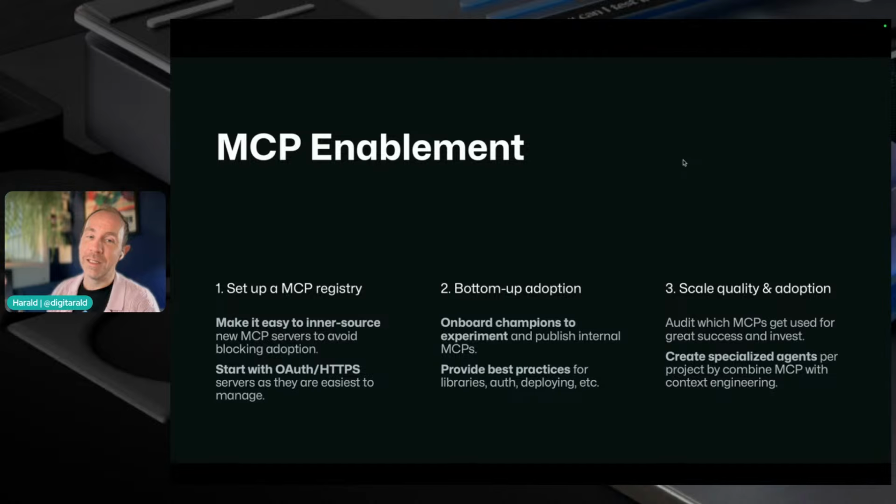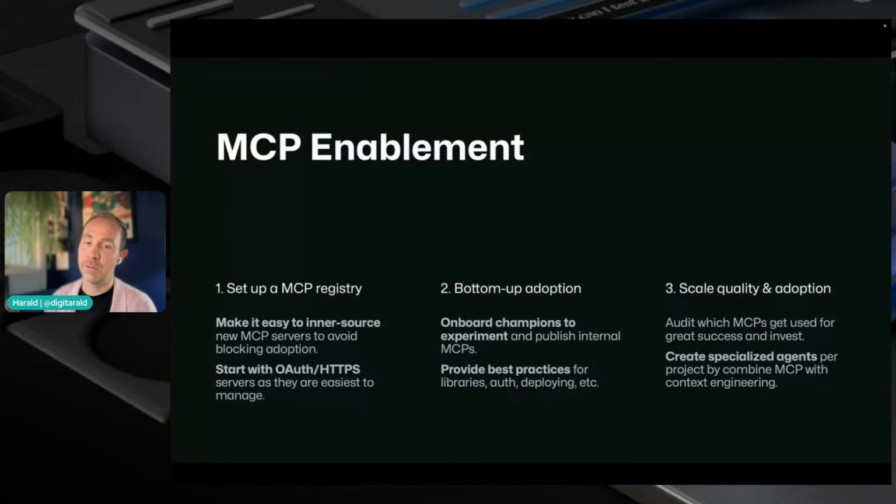We see bottom-up adoption being really important. You can't just decide from the top which MCPs are the most important, because MCP is such a great developer experience to hack on and just solve problems. You want to empower your champions to experiment and publish the MCPs that they feel really elevate their experience, but also empower the long tail by having best practices for creating MCPs.